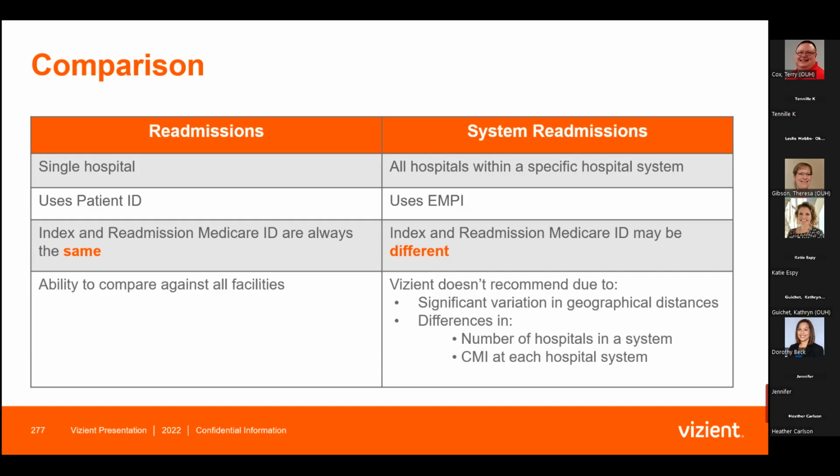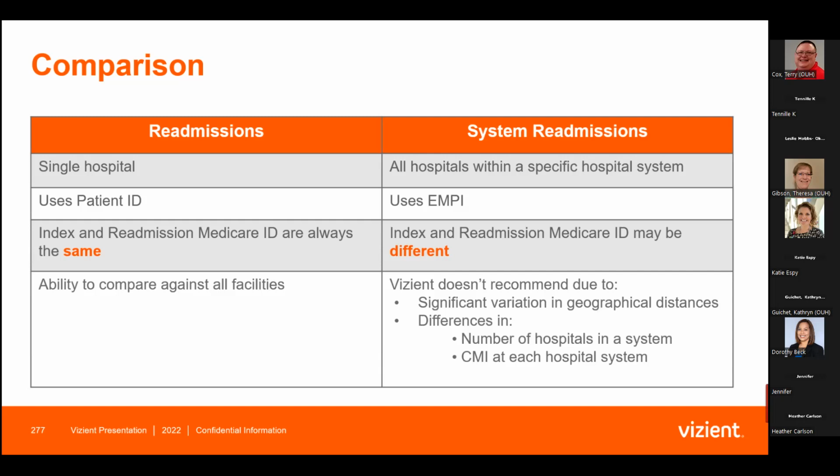However, if you're part of a hospital system, if you have multiple hospitals within your system and you're submitting a data element called the EMPI, which is also known as the Enterprise Master Patient Index. Other hospitals call it like a URN, a universal record number. Vizient's using the EMPI term, but that is a patient identifier that will allow us to track admissions and readmissions between your system hospitals.